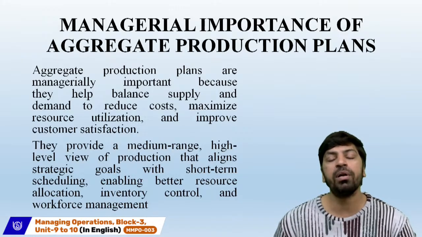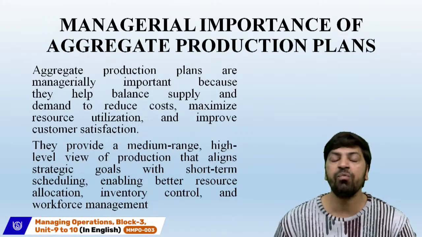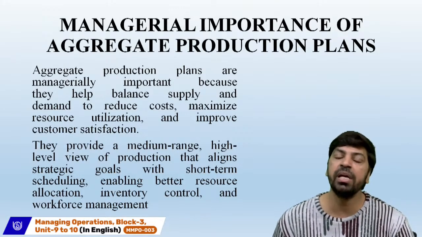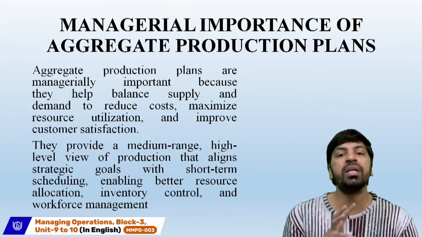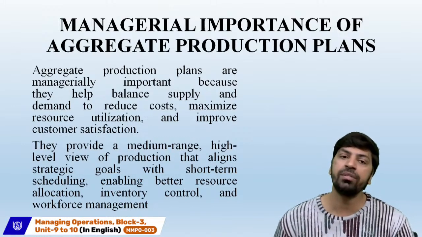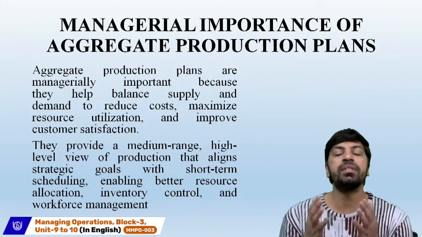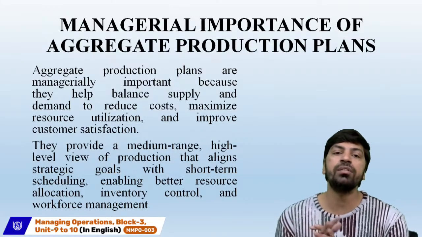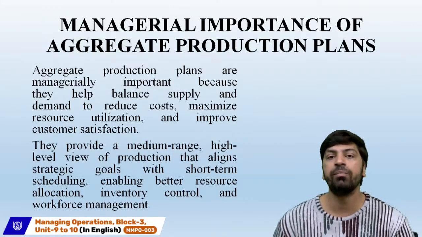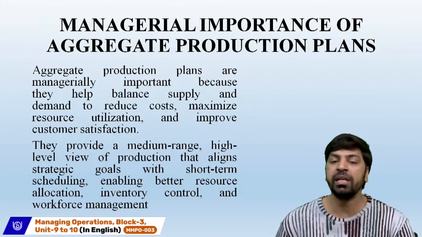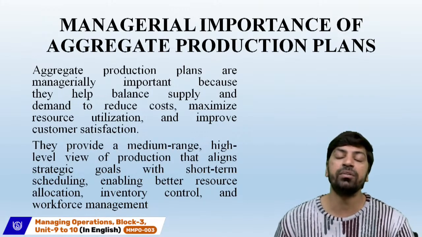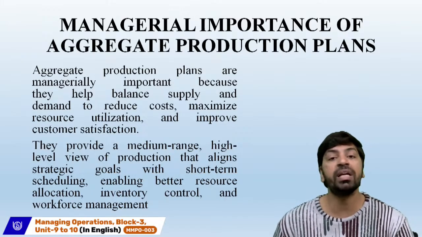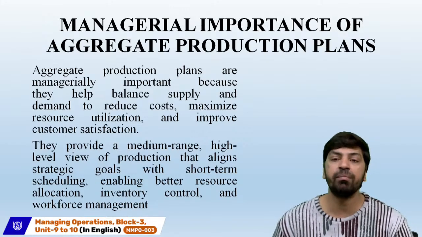This is also called medium-term scheduling, which refers to a high-level view of production that aligns the company goals with short-term scheduling. So it serves as a bridge between the long-term strategic goals and the short-term scheduling of the production, and through this it also ensures better resource allocation, inventory control, and workforce management.